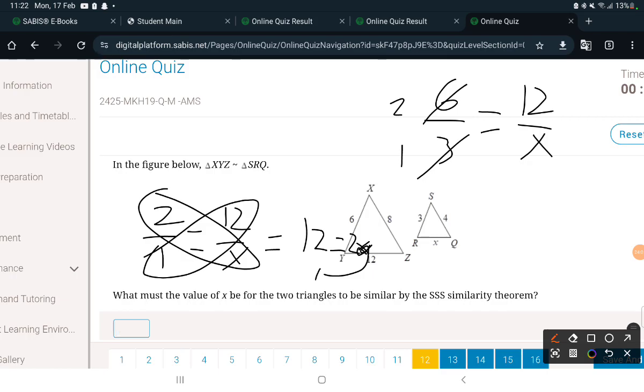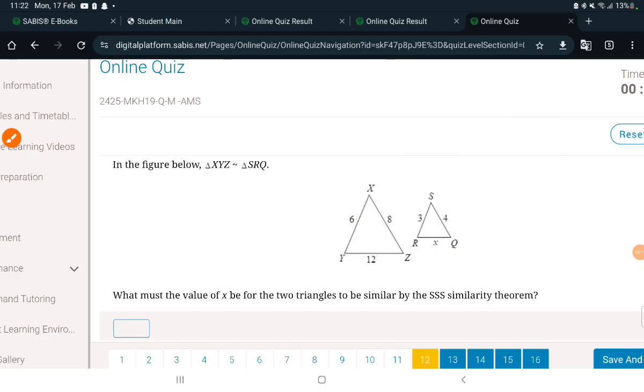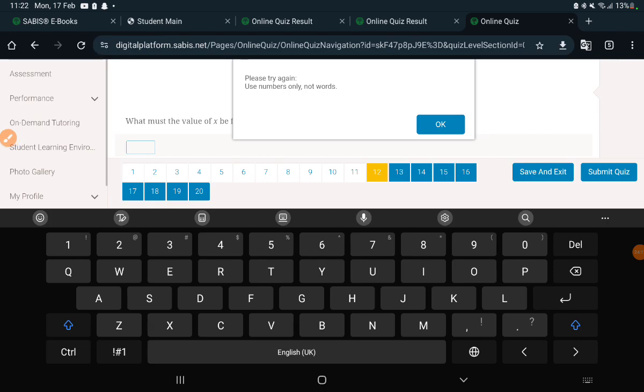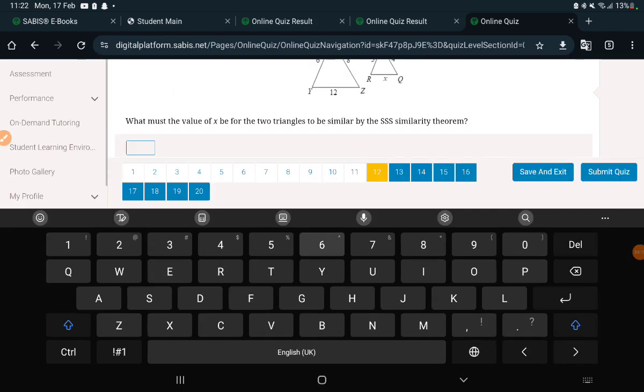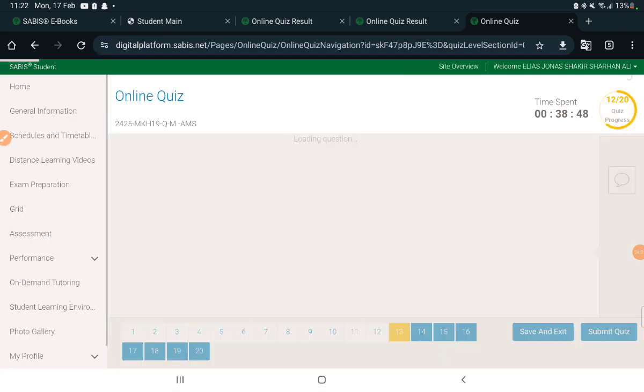Take the 2 to the other side, it will be 12 divided by 2 equals x. Divide the numerator and denominator by 2, you'll have 6 over 1. So x equals 6. The handwriting is not very neat, but you guys should understand that.